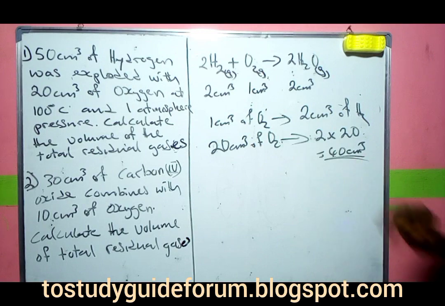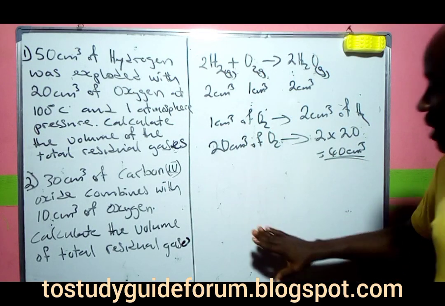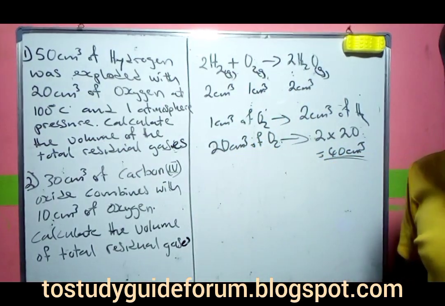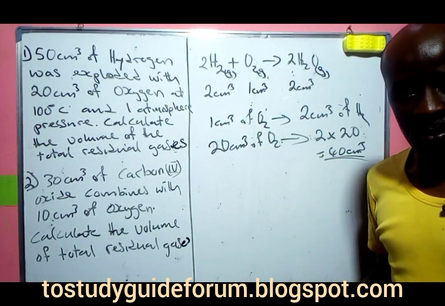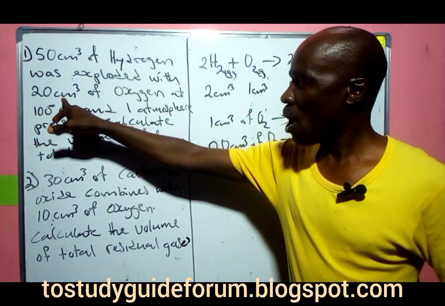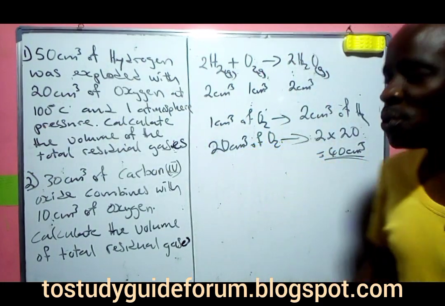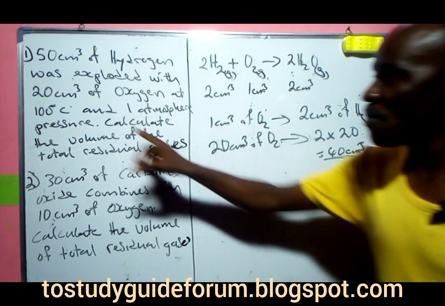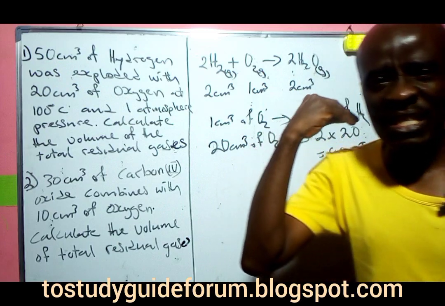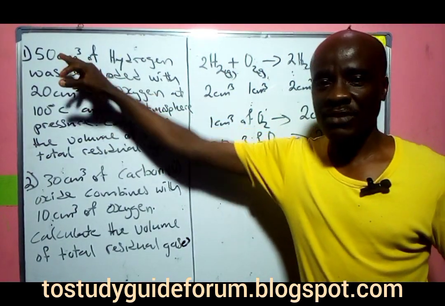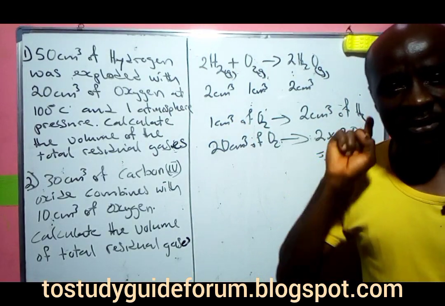Which means at the end of this reaction, 20 cm³ of oxygen will be used up completely. For it to be used up, it will require 40 cm³ of hydrogen, which is coming from this 50. Then if that 40 cm³ is used up from the 50, what is remaining? We have 10 cm³.